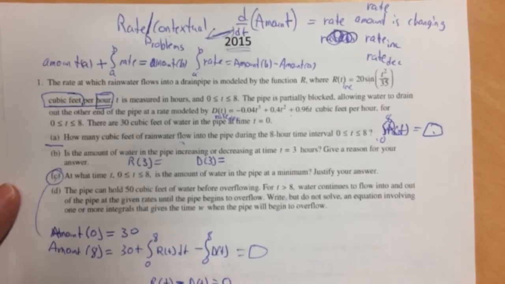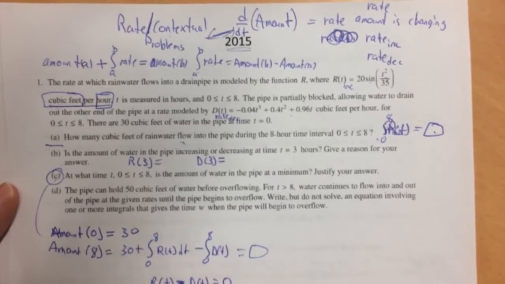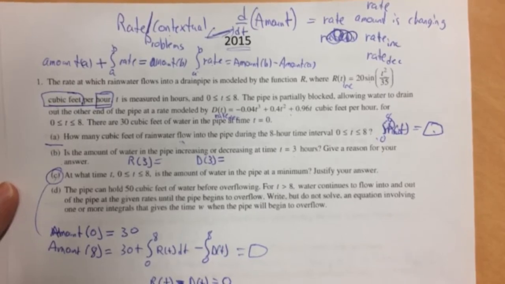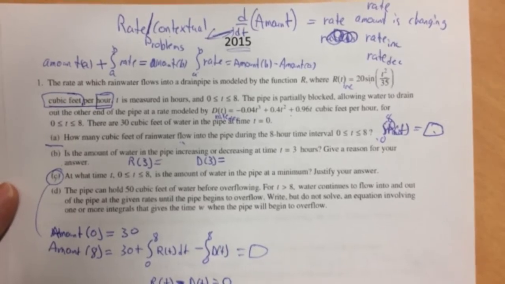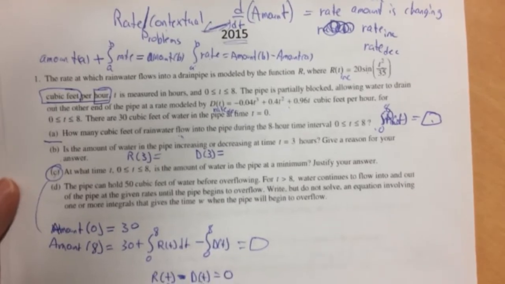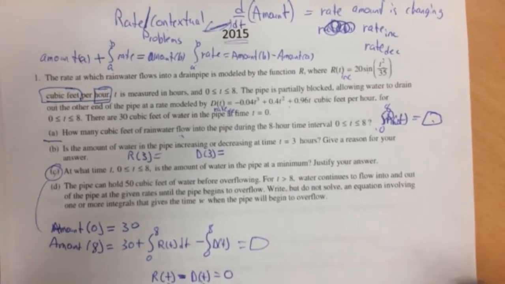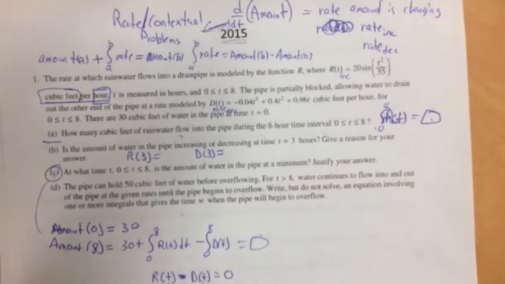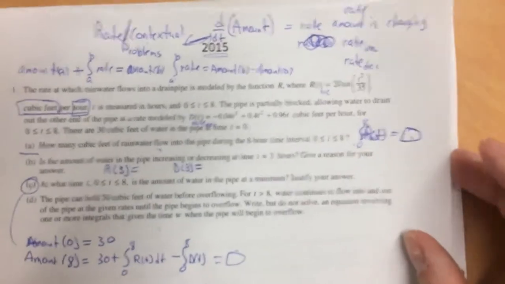So at whatever we found for that t, the amount at that time is equal to 30 plus the integral from 0 to whatever that time was that we found. We're going to find the y value, the amount there, by using the fundamental theorem of calculus. And one of these values has to be the minimum, and one of them has to be the maximum. And so we will be able to answer that question.